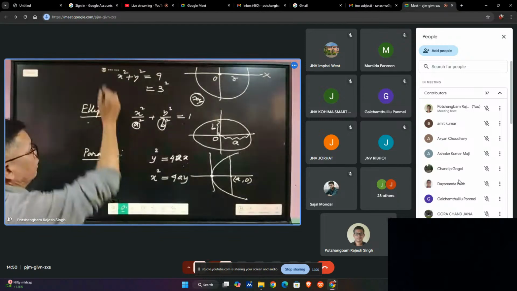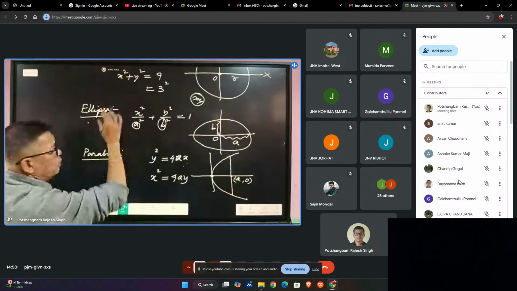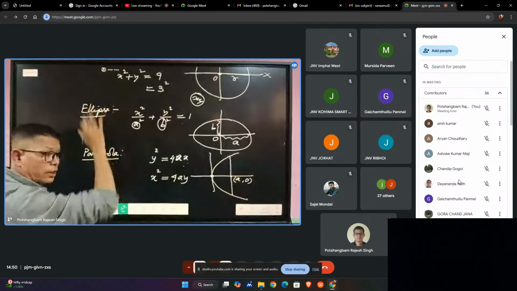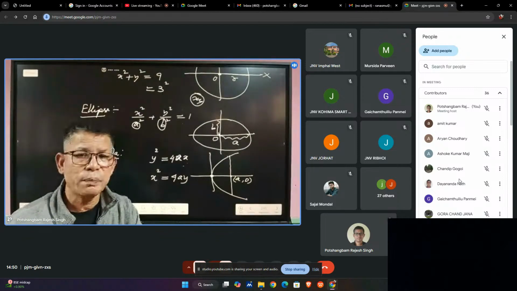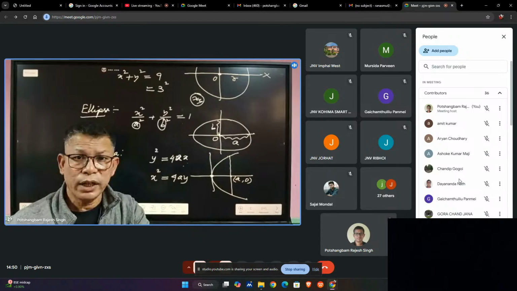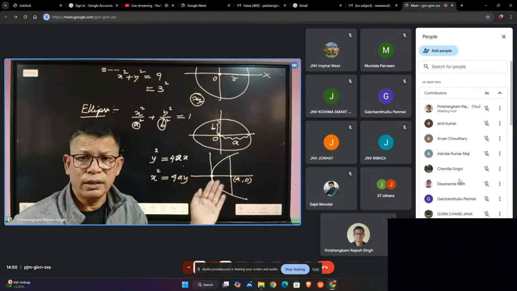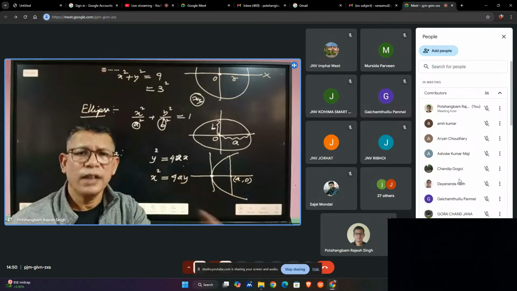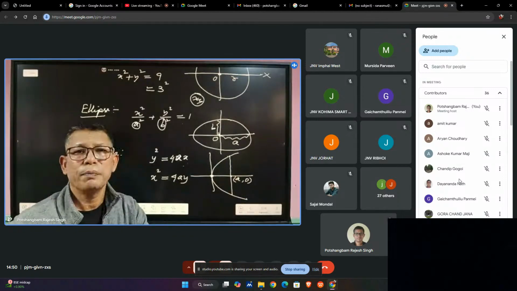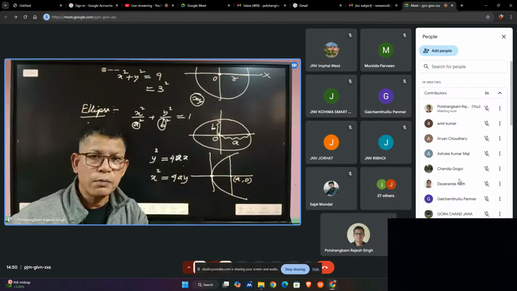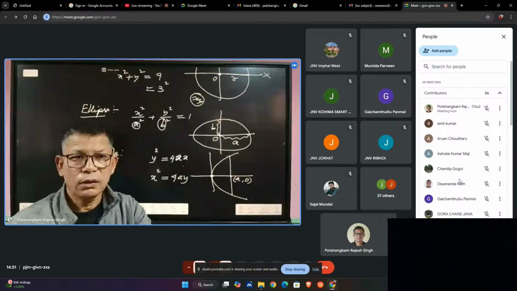Number one, straight line. Number two, parabola, ellipse, circle. You must be able to recognize what type of curve it is. I already mentioned repeatedly that the curve may be a line, a circle, an ellipse, or a parabola. Sometimes questions mention the type of the curve.